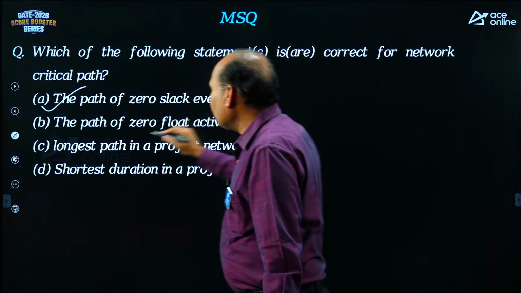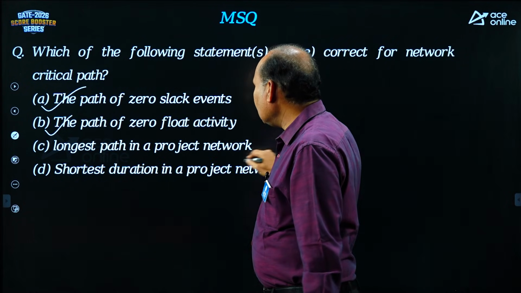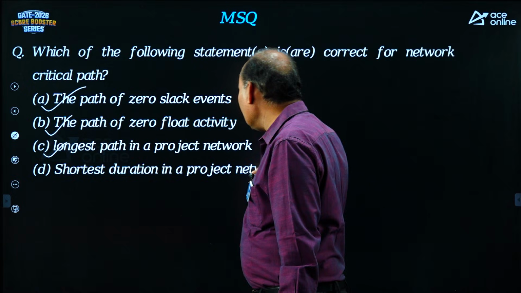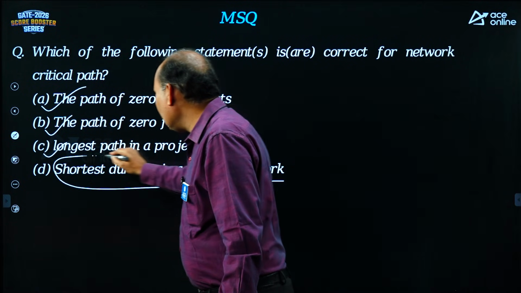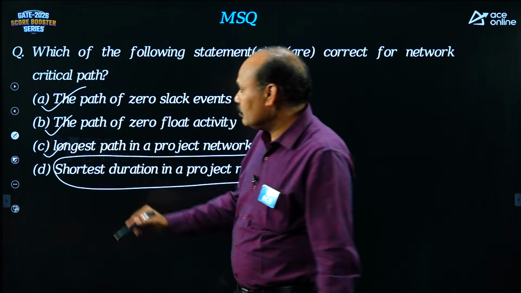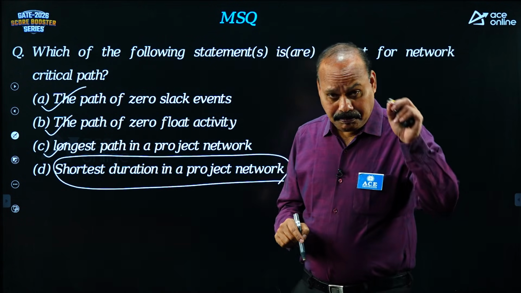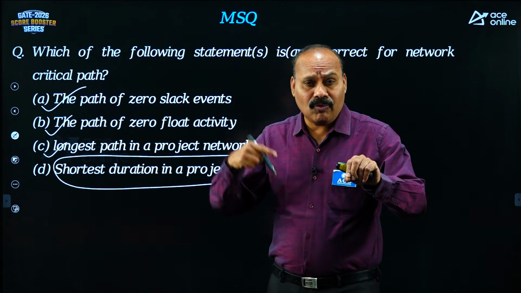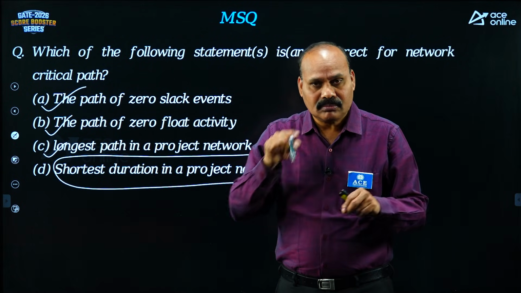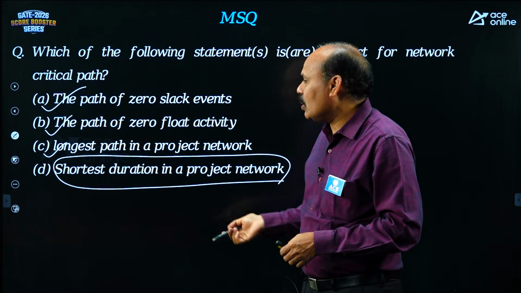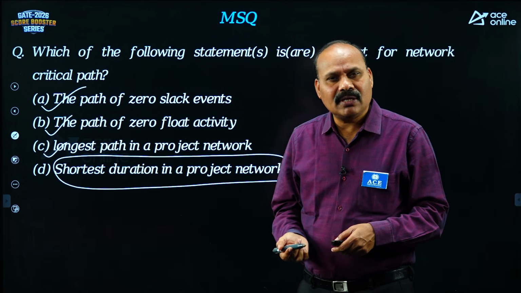The path has 0 float. Longest path, correct. Shortest duration in a project network? It is actually not the shortest duration. When would it be correct? If it said minimum time required to complete the project, then it would be correct. But it has mentioned shortest duration. Critical path is basically the longest duration.